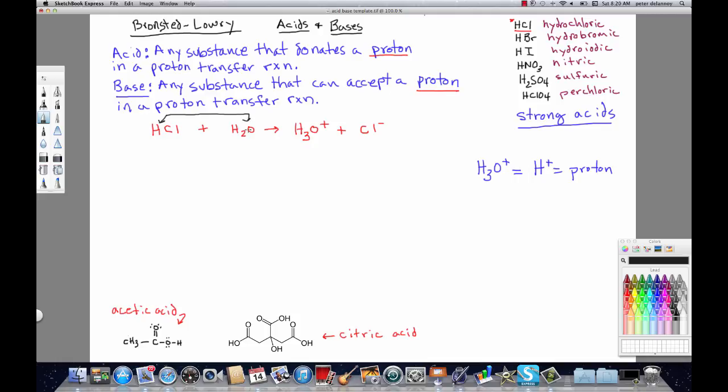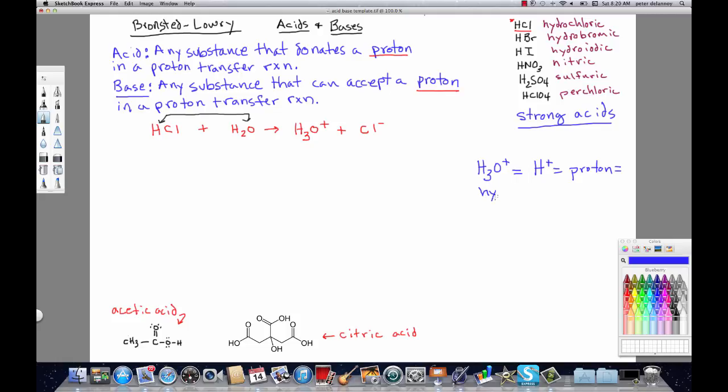And you can see that when you do that, the oxygen in the water molecule is now bonded to 3 hydrogens instead of 2. So as long as we're talking about a situation where we dissolve the acid into water, H3O plus is the same thing as a proton or the hydrogen ion.